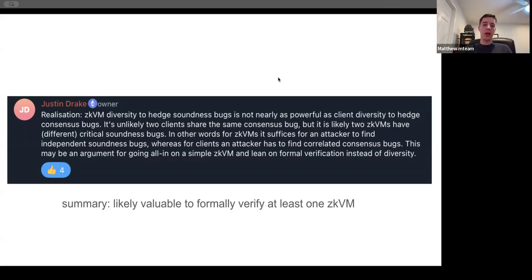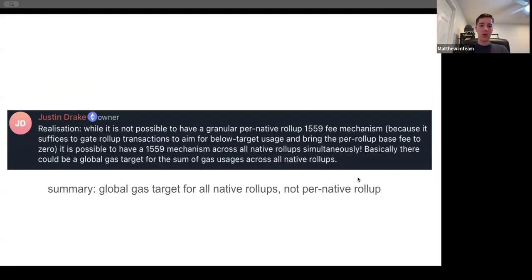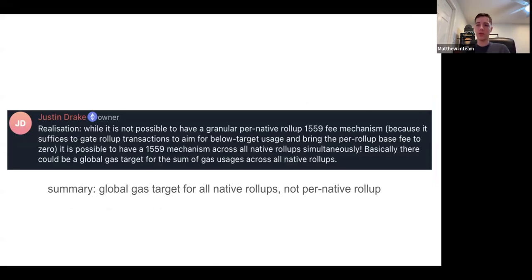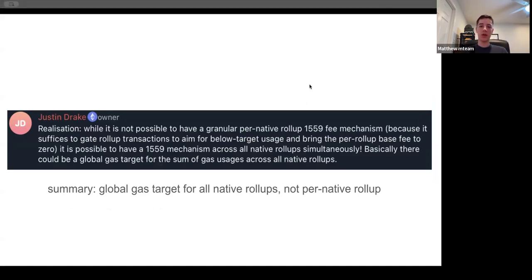Yeah, thanks, Justin. Okay, let's go on to gas. This is something I think is not talked about enough for some of the native rollup related things, at least in my conversations, and that would be related to the resource usage of native rollups. And there's a few key things to consider.